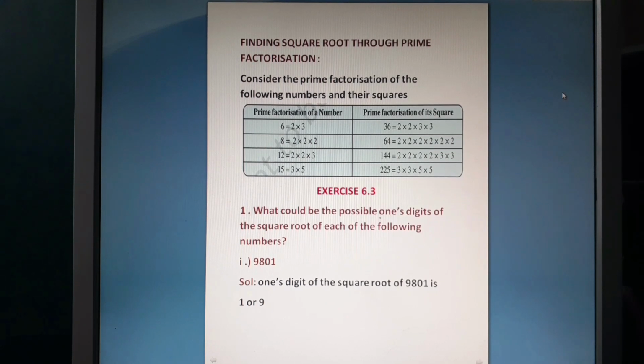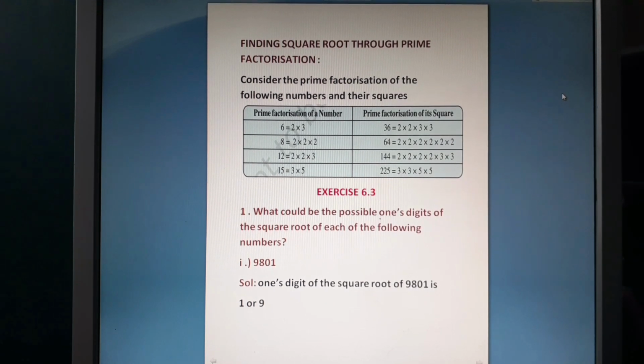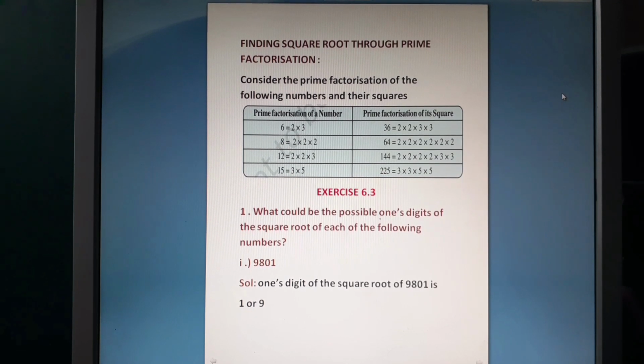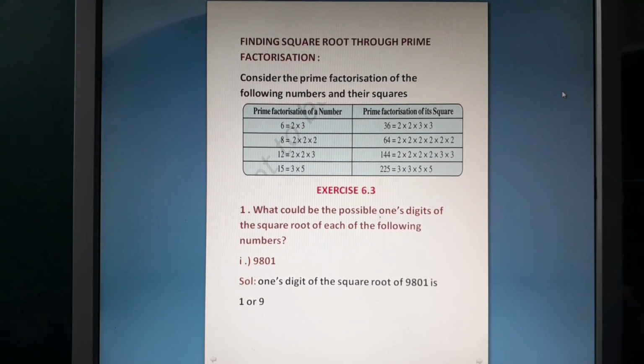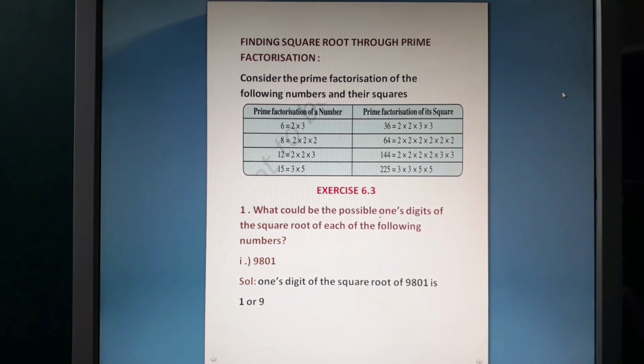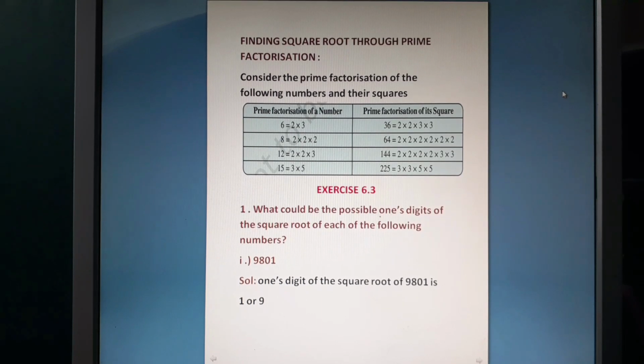Now we will see the exercise 6.3. First question. What could be the possible ones digit of the square root of each of the following numbers? First part. 9801. Solution.